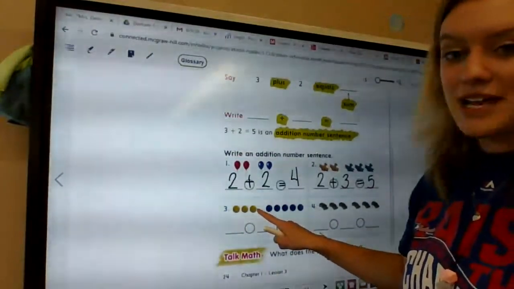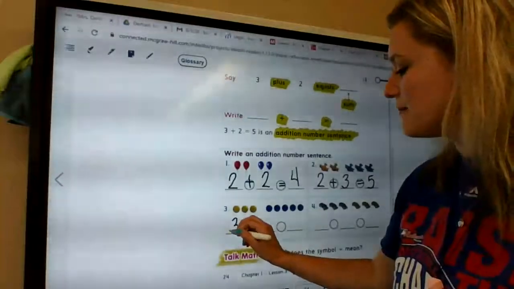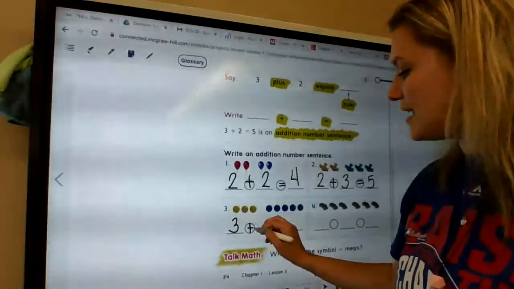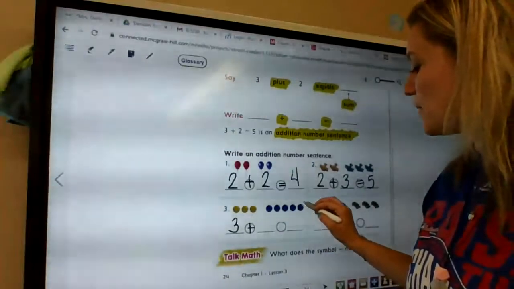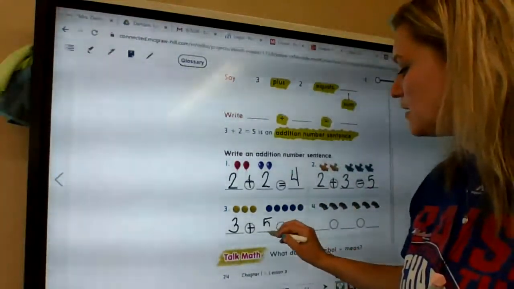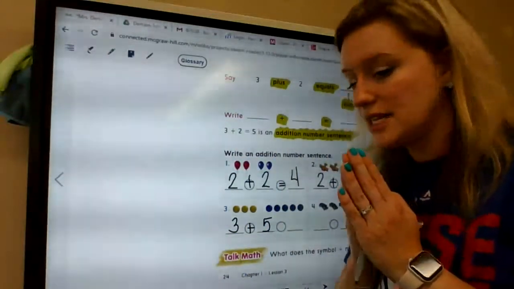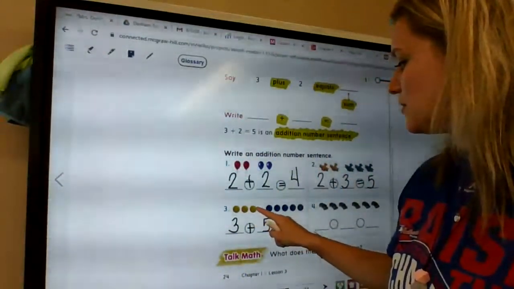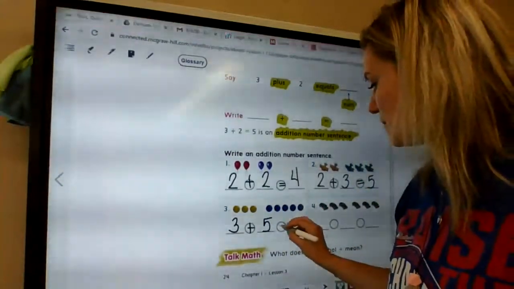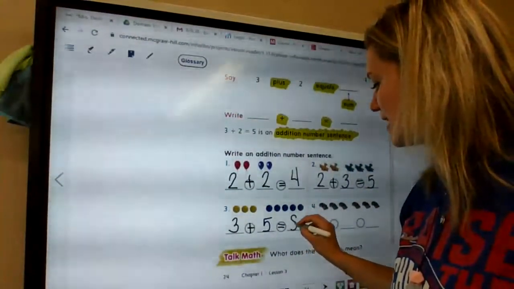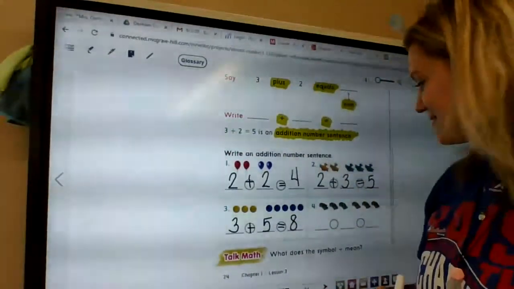Awesome. I'm going to move it away just a little bit to show you the last 2 problems, okay? We have 3 yellow counters, so I'm going to write down 3. I know that I'm adding, so I'm going to put my plus mark. I have 1, 2, 3, 4, 5 blue. So I have my part and my part. I'm going to find my whole by adding them together. 1, 2, 3, 4, 5, 6, 7, 8. So 3 plus 5 equals 8. And that's our addition sentence.